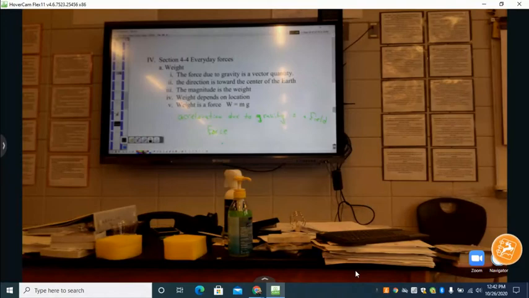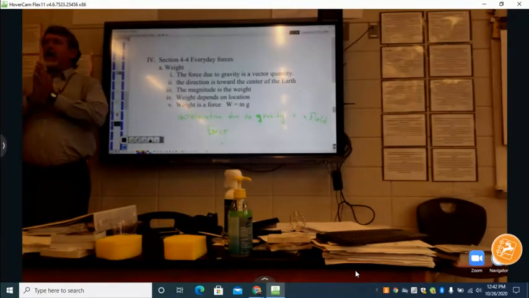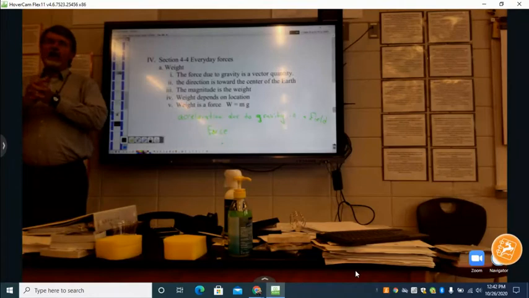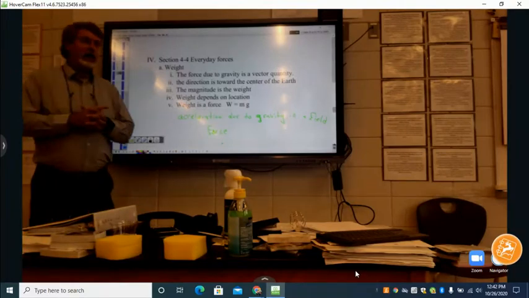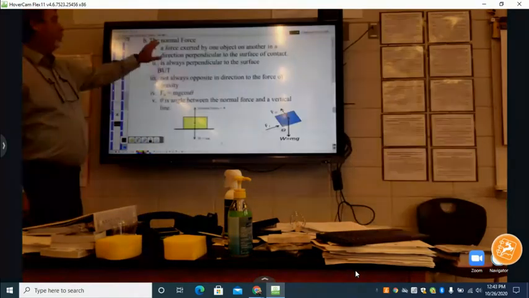The magnitude of the weight is calculated by mass times gravity and is dependent on your location, because gravity is a field force, so the further you get away from Earth, the different amount of gravity would act on you. Now, it's not very much difference, but if you go to the top of a mountain, you would have a little less gravity. If you went to the bottom of the Grand Canyon, you'd have a little more gravity.